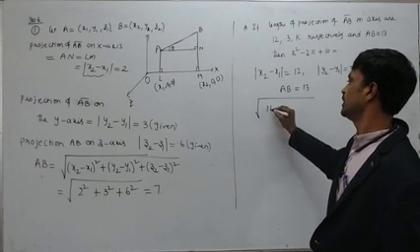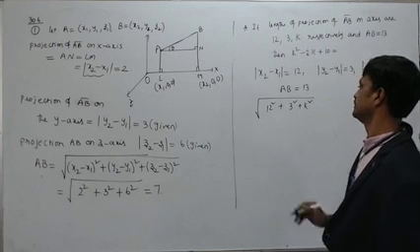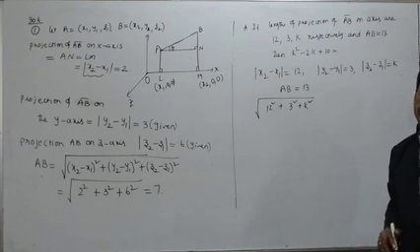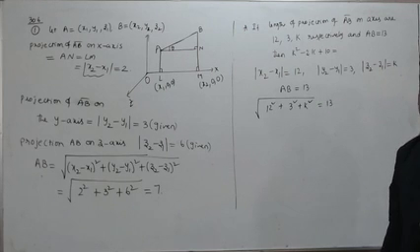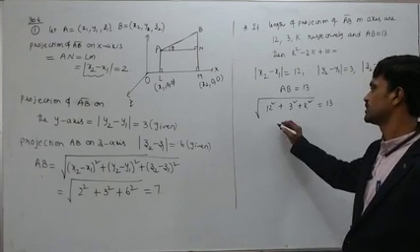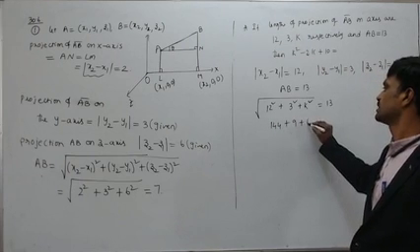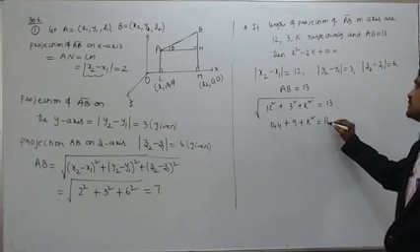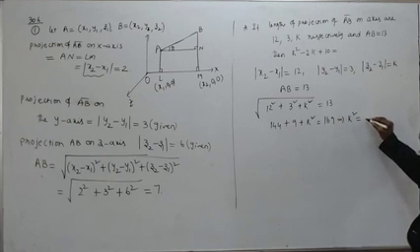That is 12 square plus 3 square plus k square. This is the length of line segment. Okay. But according to the question, it is equal to what? 13. So squaring on both sides. So 12 square is 144, 3 square is 9, plus k square is equal to 13 square, which is 169. So if you simplify, what you'll get, k square is equal to 16.